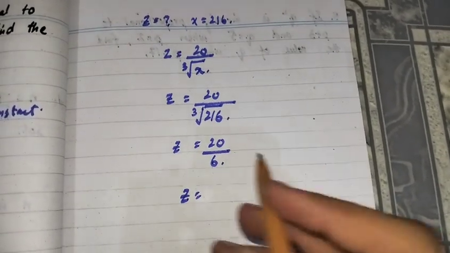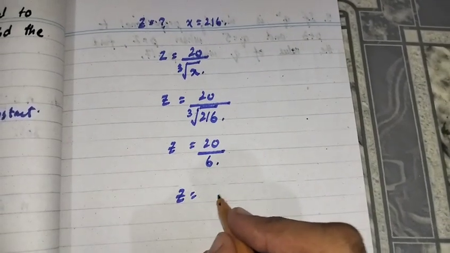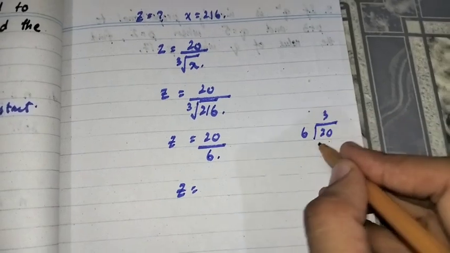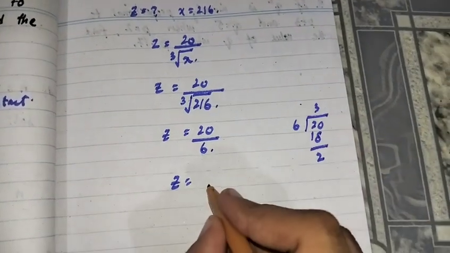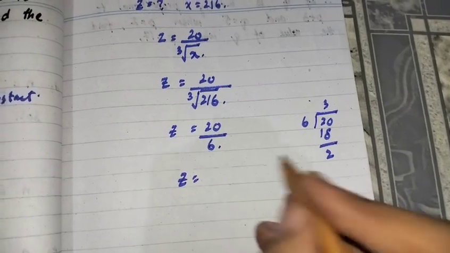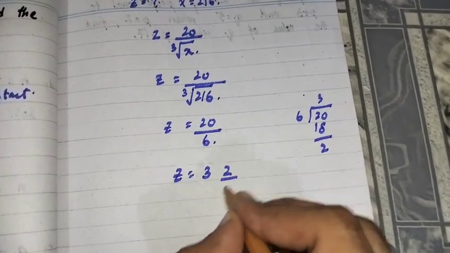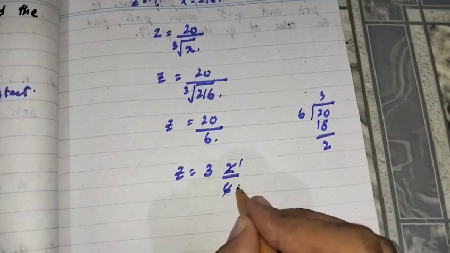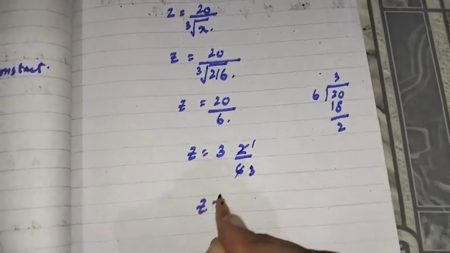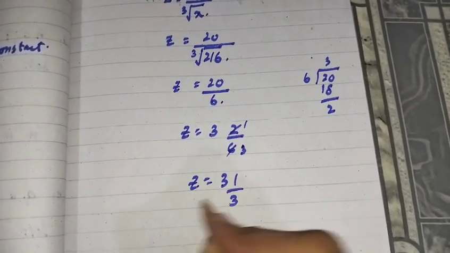Dividing 20 by 6, 6 threes are 18, the remaining is 2. So the answer is 3 whole number 2 upon 6, which is 3 whole number 1 upon 3. So the value of z will be 3 and 1 upon 3.